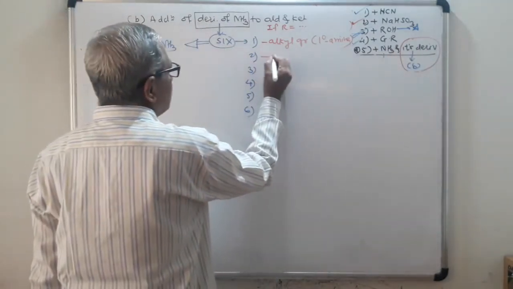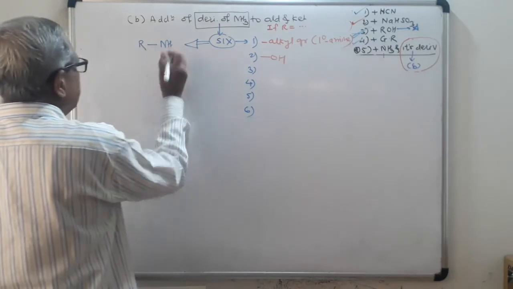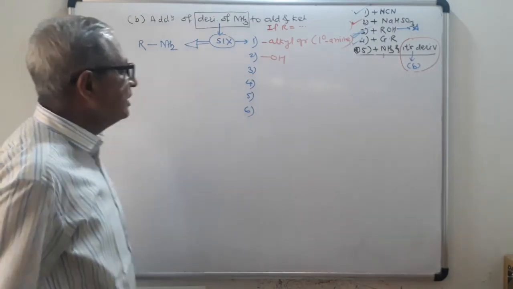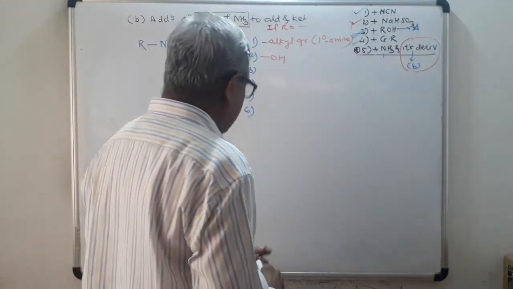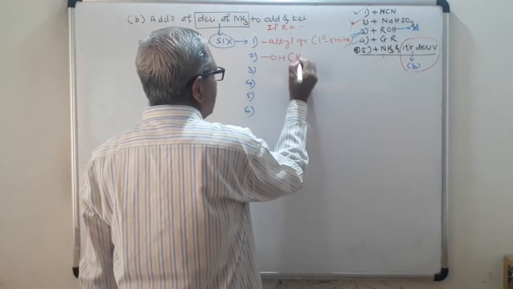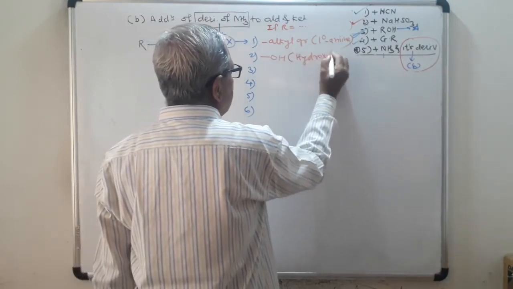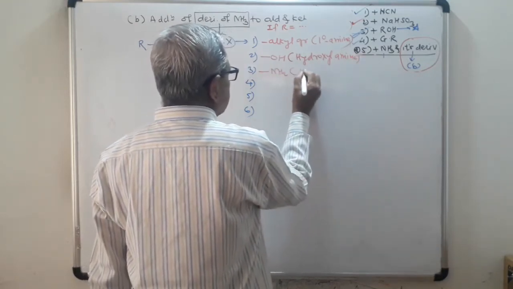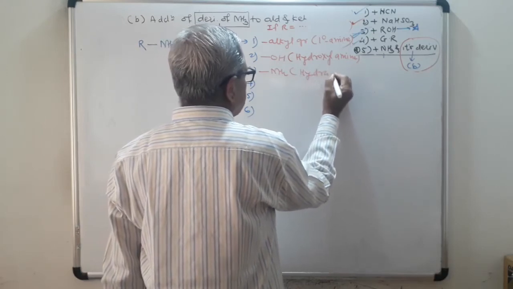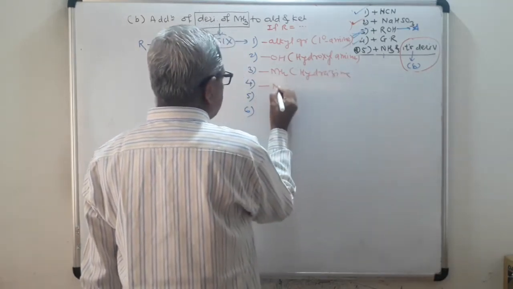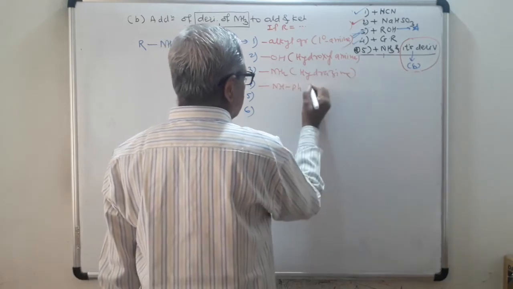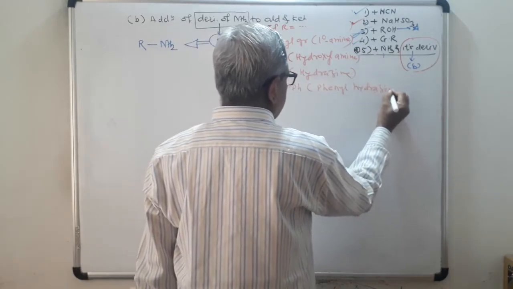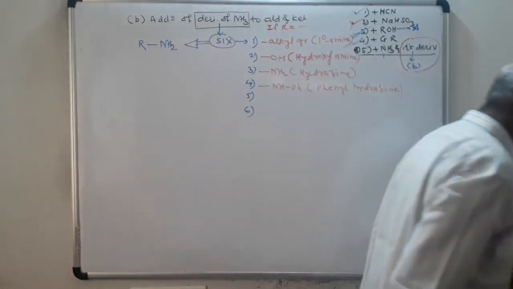If R is equal to OH, here is the NH2 group, then it is hydroxylamine, NH2OH. If R is equal to NH2, it is known as hydrazine. If R is equal to NHPh, it is known as phenylhydrazine.